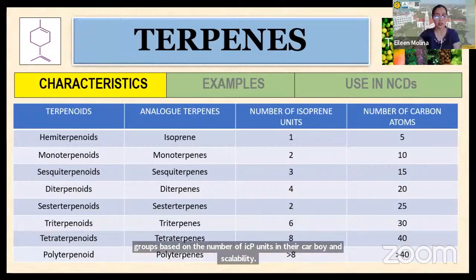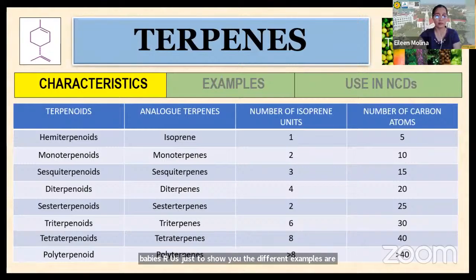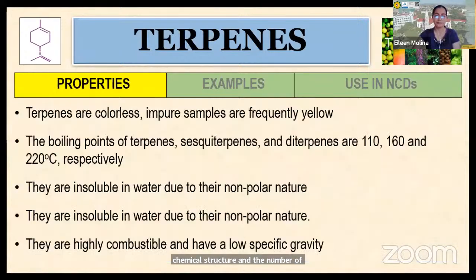These are just to show you the different types of terpenes and the corresponding analog terpenes, the terpenoids, with their number of isoprene units, so you could easily identify them based on their chemical structure and the number of carbon atoms. Terpenes are colorless, though the impure samples are frequently yellow.